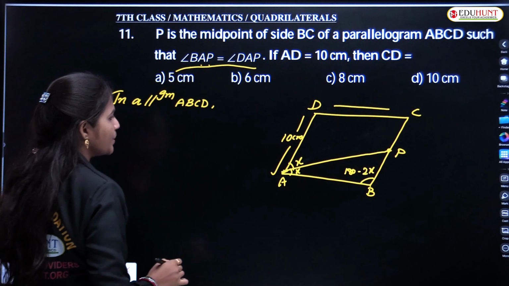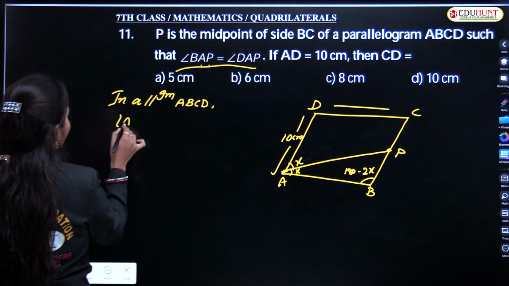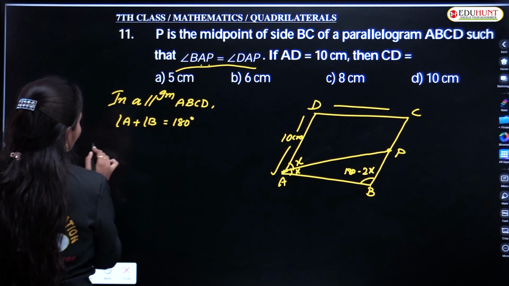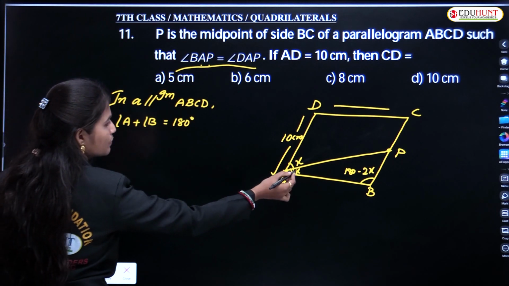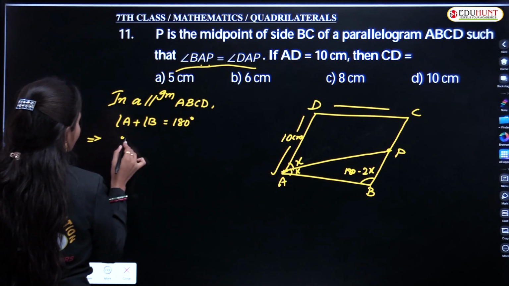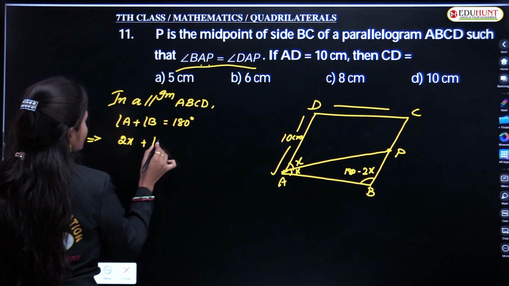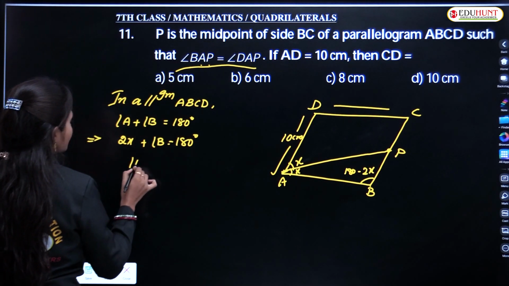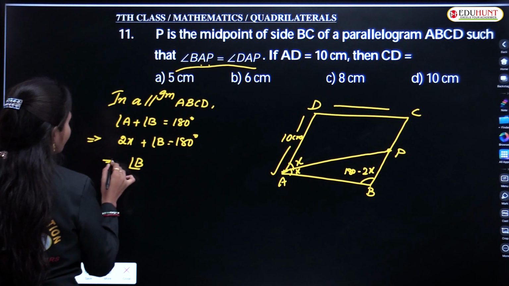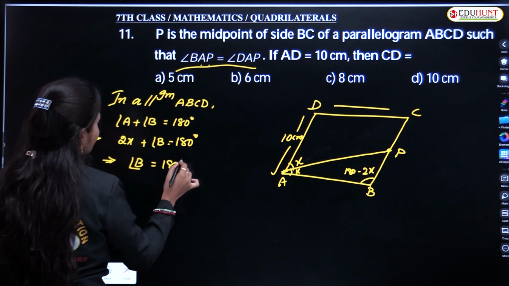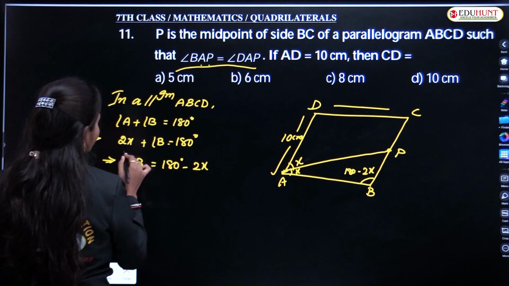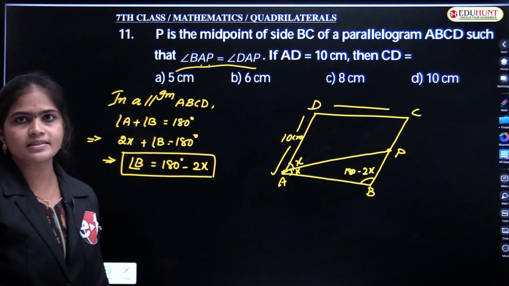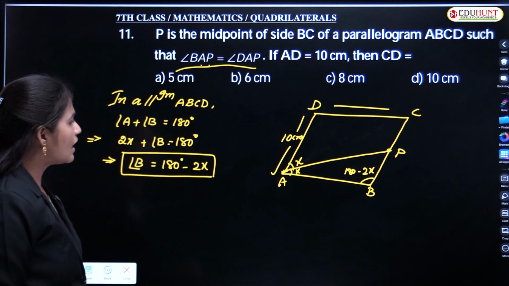In a parallelogram ABCD, angle A plus angle B is equal to 180 degrees. So 2x plus angle B is equal to 180 degrees. From this, angle B is equal to 180 degrees minus 2x. Is it clear, children?